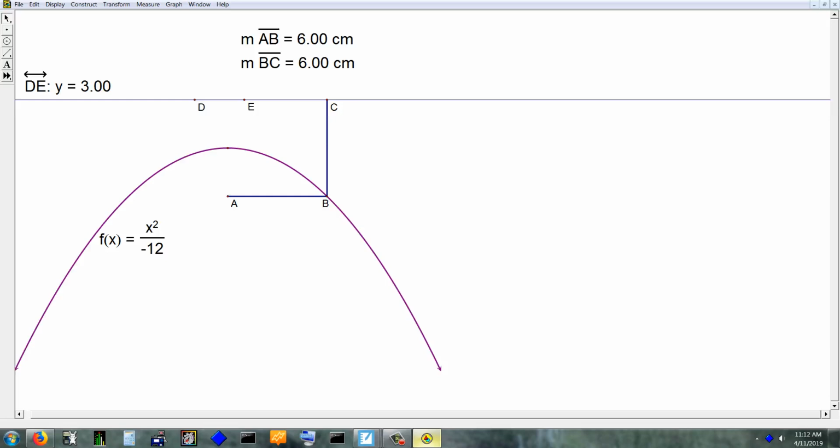So here's a parabola. Point B is just a point on the parabola. I can move that point anywhere I want. Point A is that special point that I called F. Okay, I had called it F in this program, they call it A. This line up at the top, that's the line D.